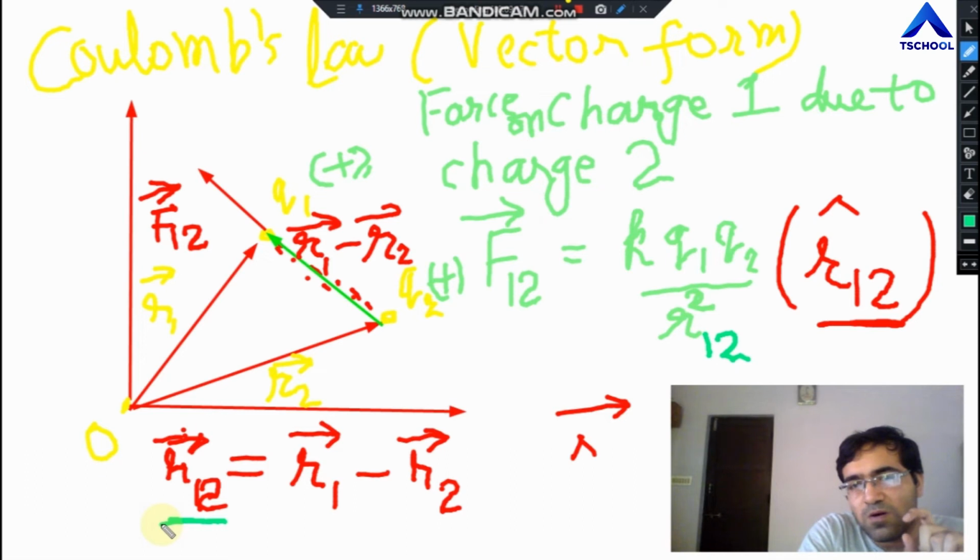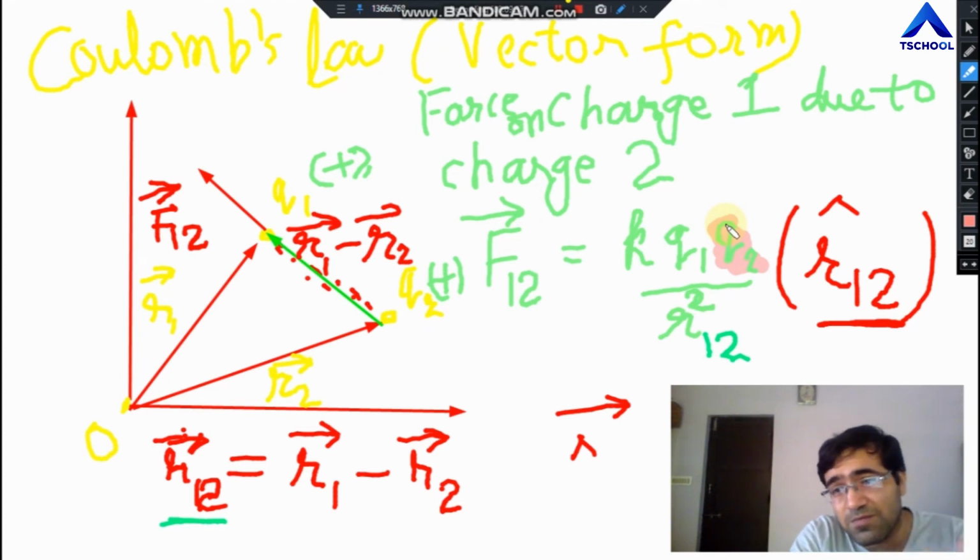If one of the charges is negative, let's say q2 is negative, then this term q2 will be negative. So the direction of F12 should get reversed, correct.